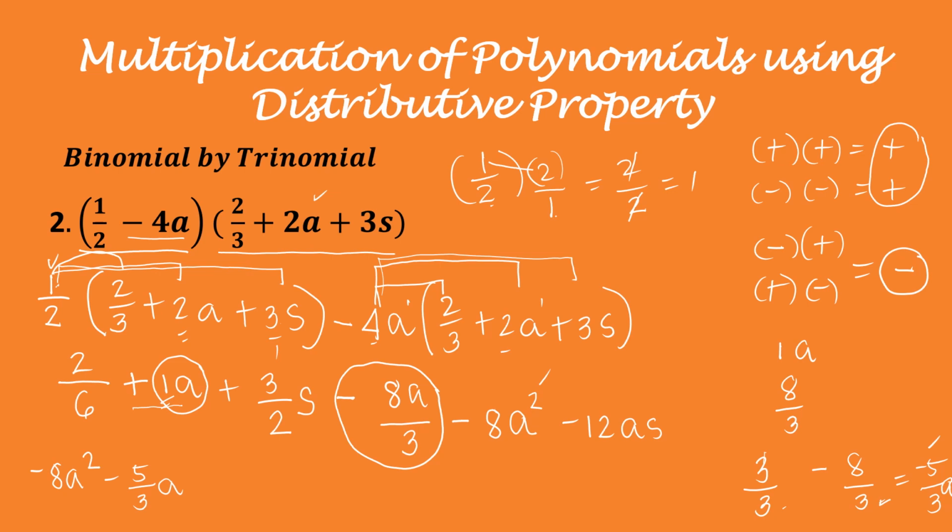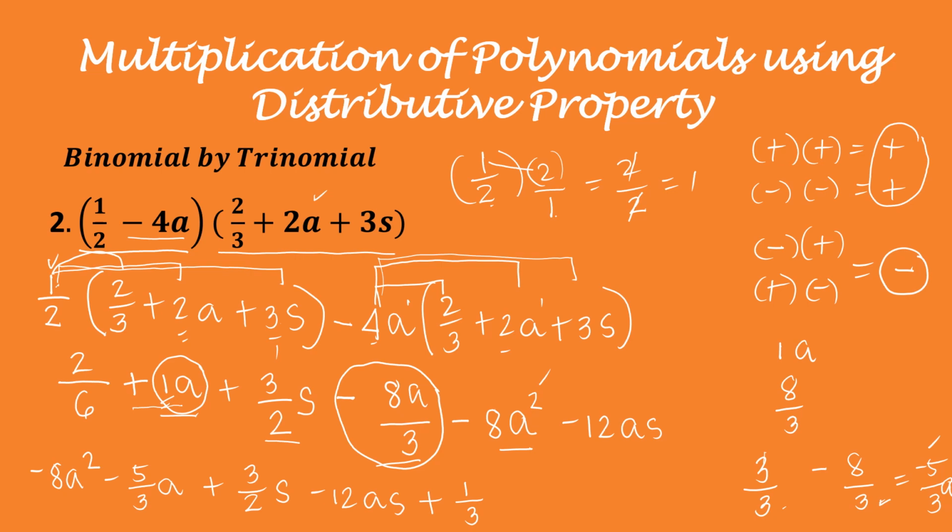The a squared is done already. This one is done already. And then we have to rewrite the 3 halves s. Okay, we're done with this. And then minus 12as. And then since our constant is 2 over 6, it could be reduced into 1/3 as our constant.